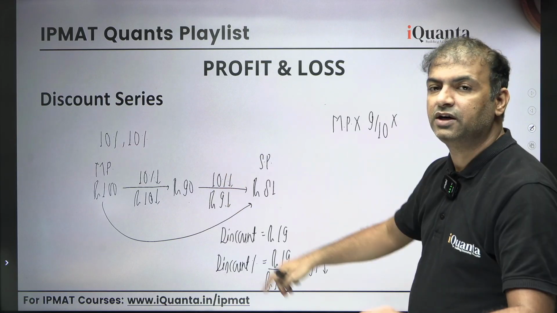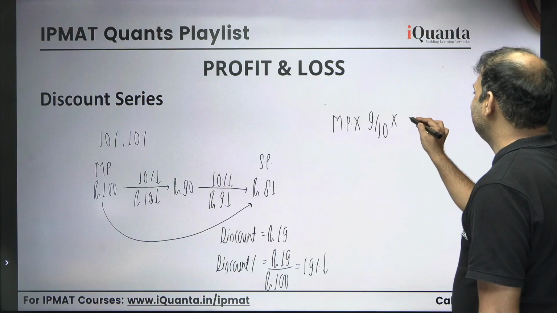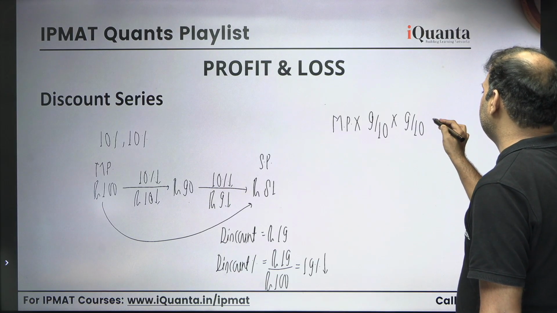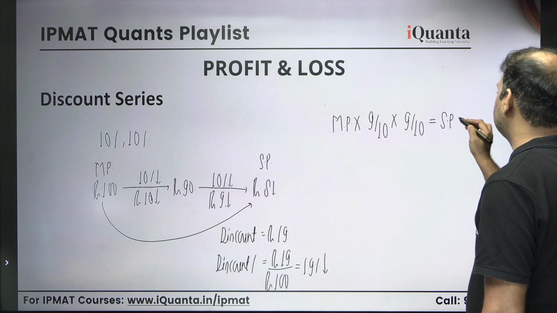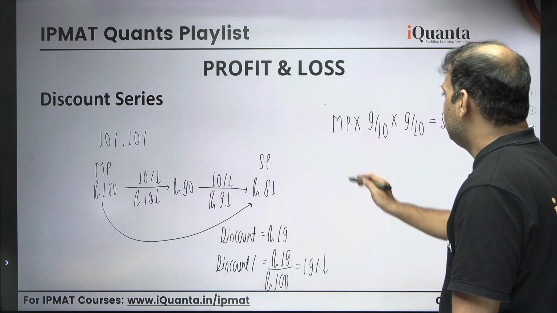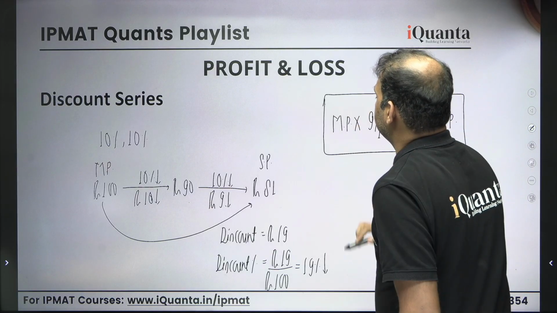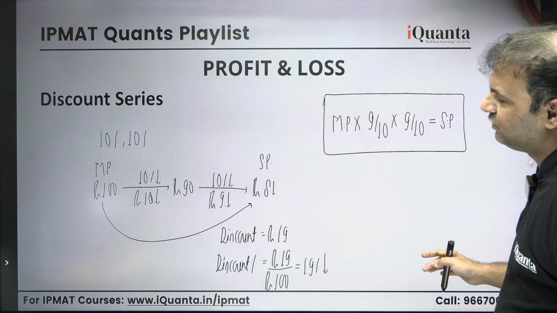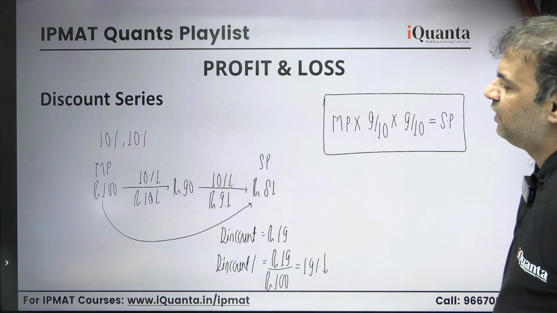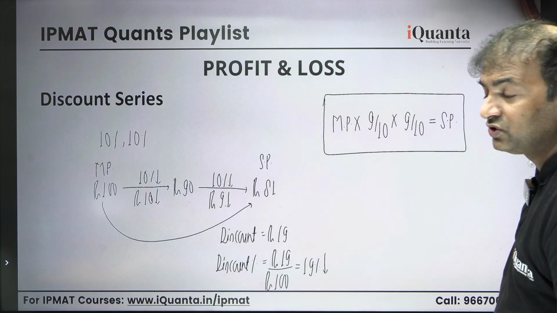So into 9 by 10 once again, and then finally we can say that this has to be the final selling price. And guys, this has to be the relationship between MP and SP. So this is about the relationship, how we obtain it with the help of the discount series given.